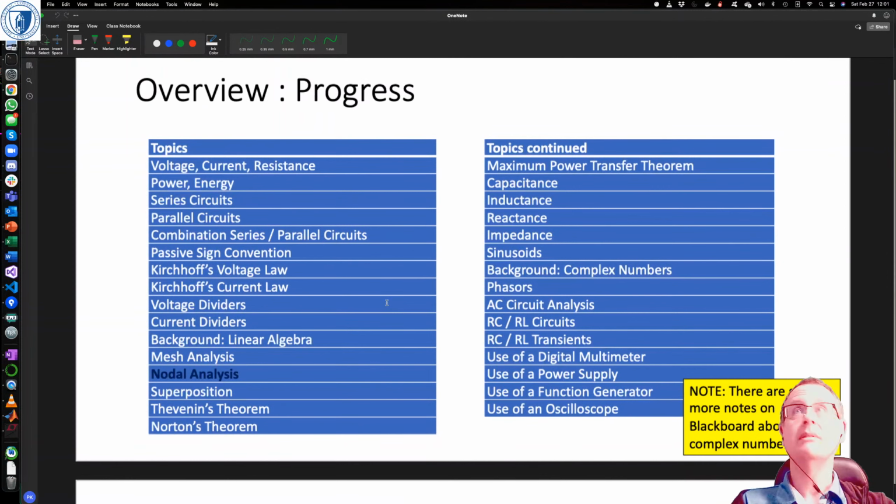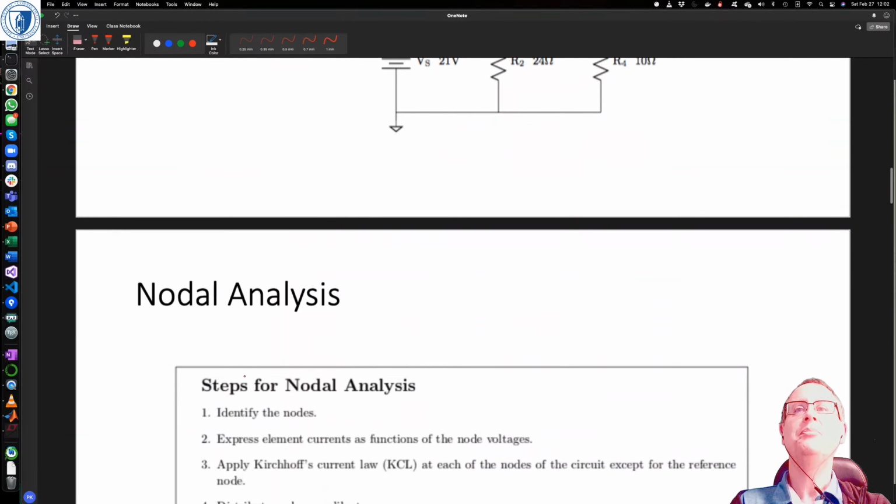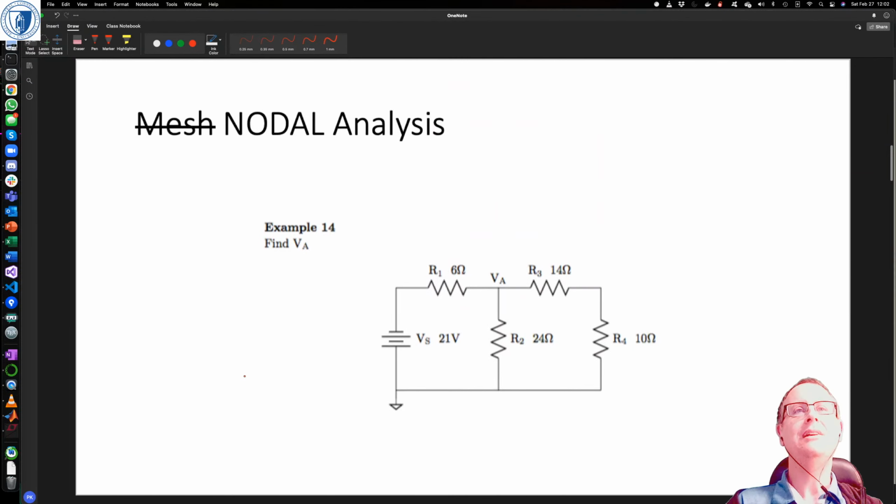So that's the one we're doing there. Here's the circuit that we started mesh analysis with, and remember, the answer for VA is minus 14 volts.